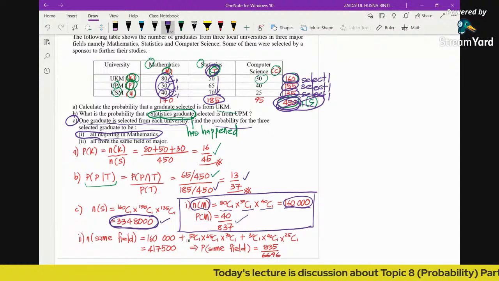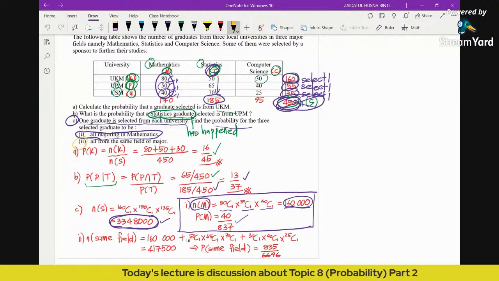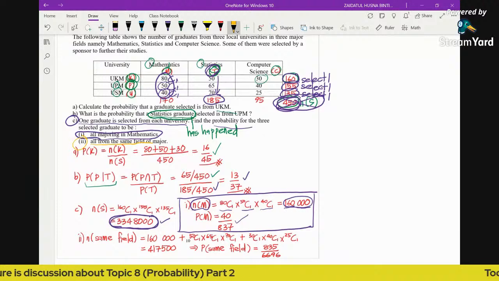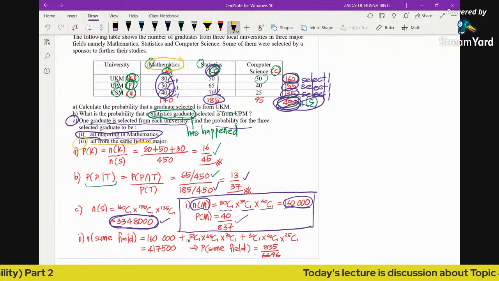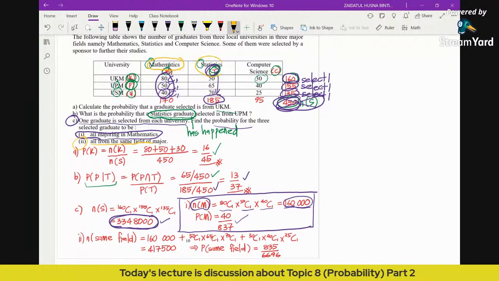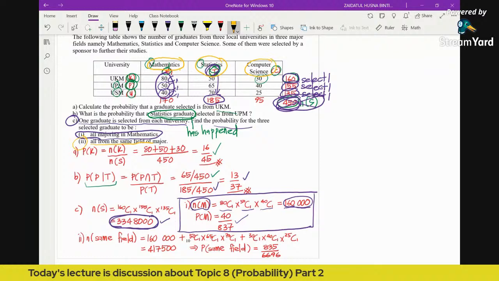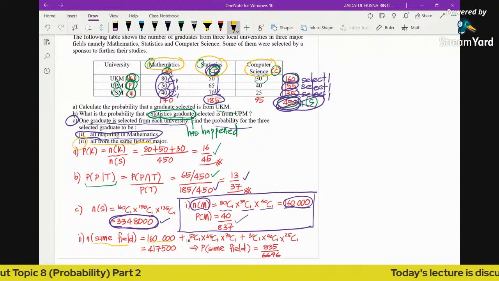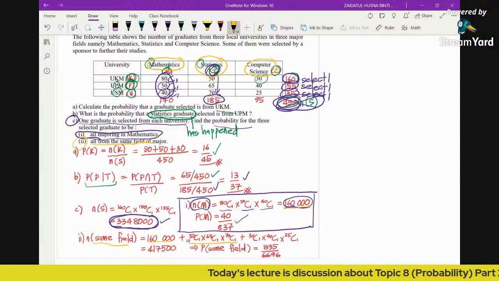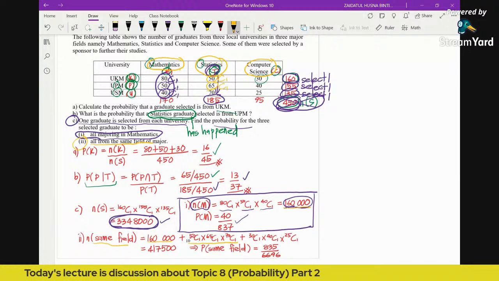And now, for the second Roman numeral, all from the same major, same field of major. This means all the three graduates have the same major. So that means all mathematics graduates, or all statistics graduates, or all computer science graduates. In this case, same field means again 160,000 for all maths, and this one all statistics. You can see here, out of this 50 we choose one, 65 we choose one, 70 we choose one.